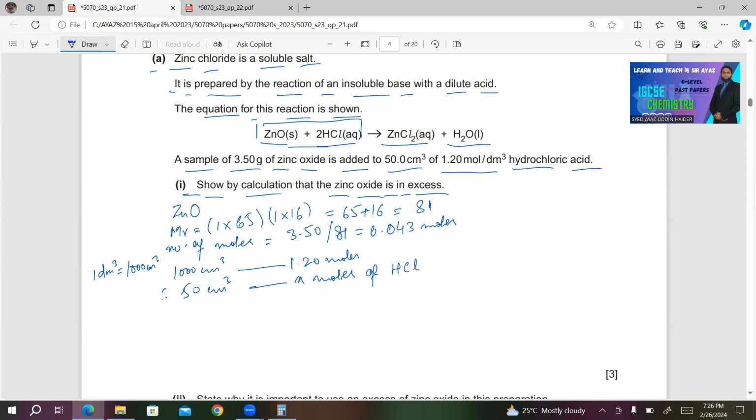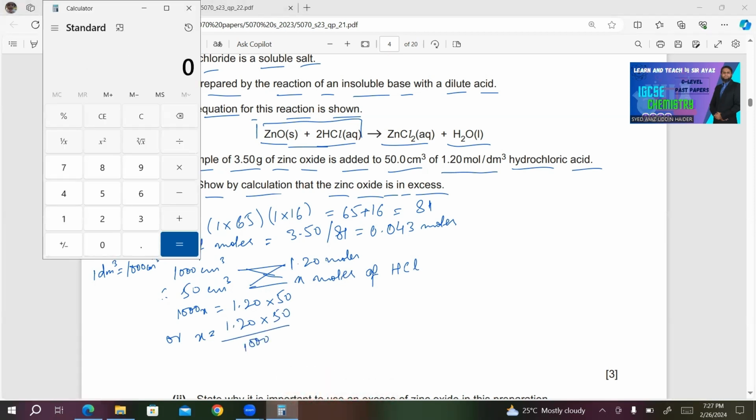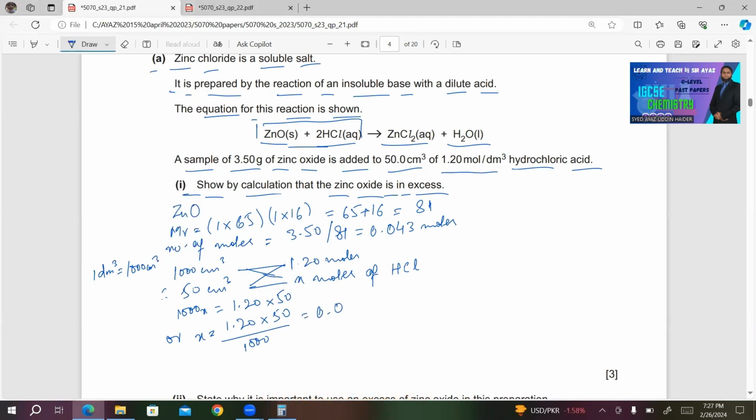So you will multiply 50 centimeter cube by 1.2 and X will be multiplied by 1000. So the equation becomes 1000 X is equal to 1.20 into 50, or X is equal to 1.20 multiplied by 50 divided by 1000. That gives 0.06 moles of HCl.